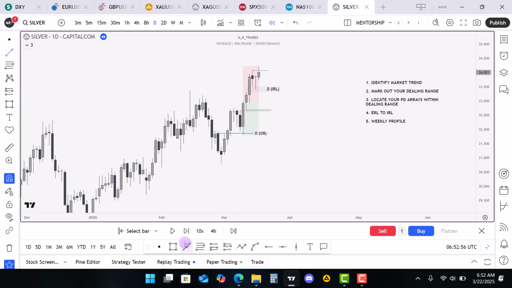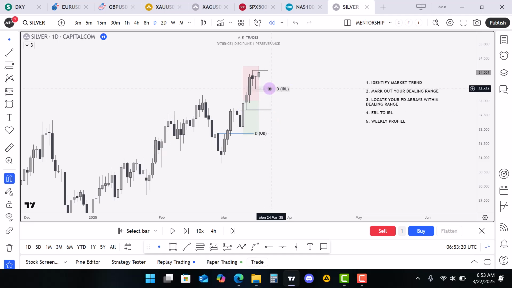So this low here becomes our immediate target. Yes, our immediate target, because it falls within this daily internal range liquidity, and no one can actually tell whether this daily internal range liquidity is going to be disrespected.